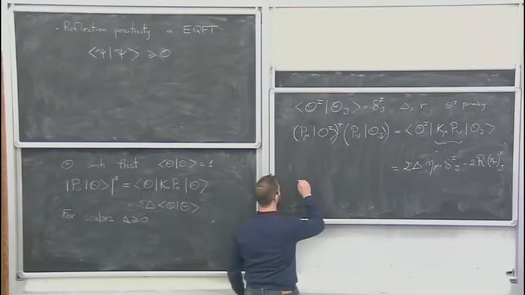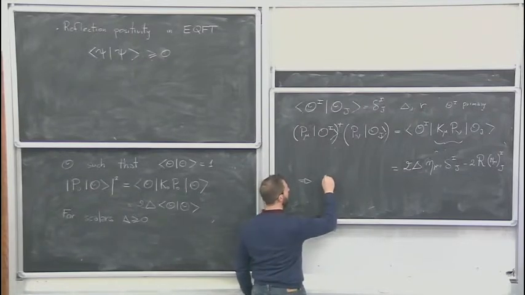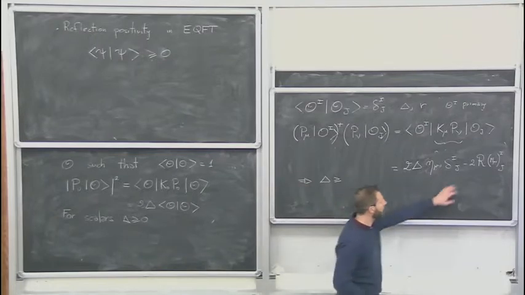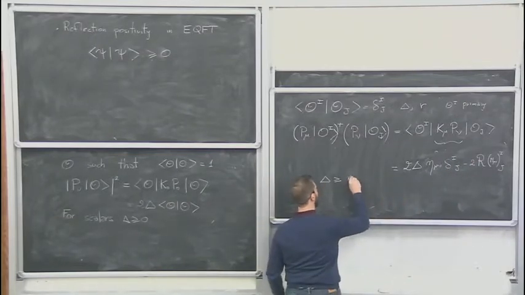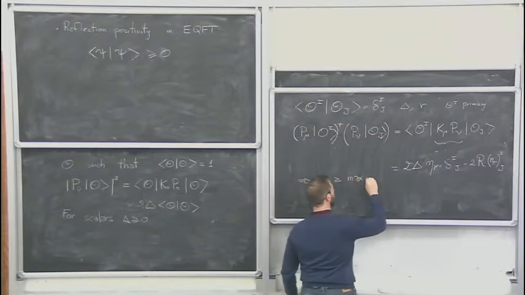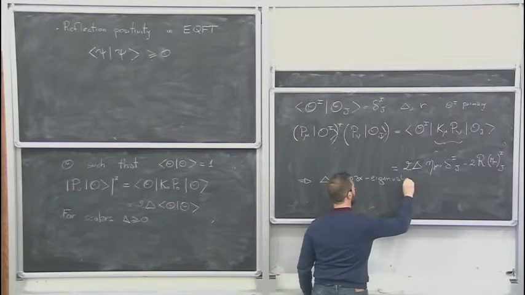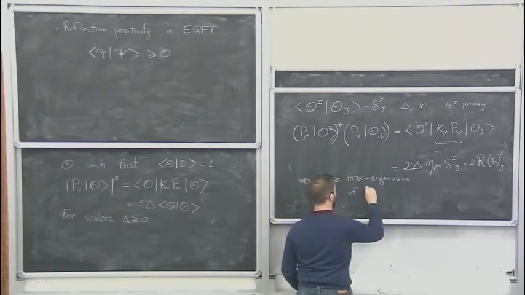So the condition here, slightly more involved than before, is just that delta has to be larger than the maximal eigenvalue of this matrix R.